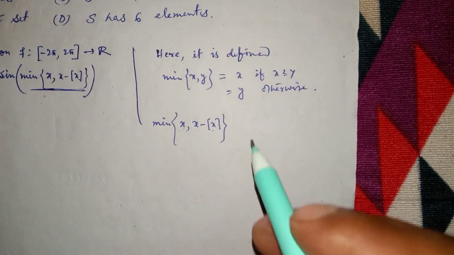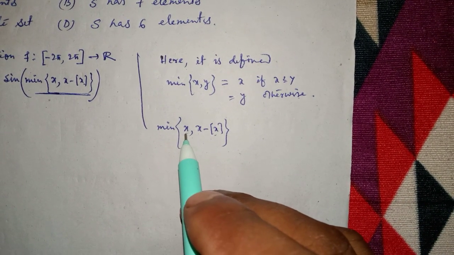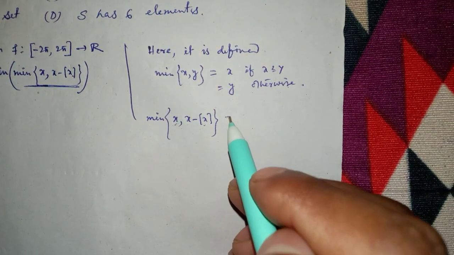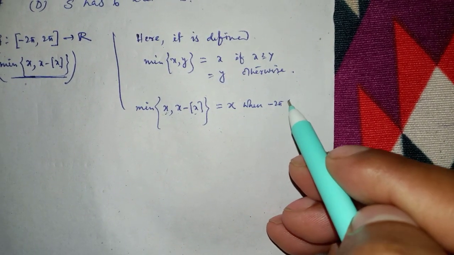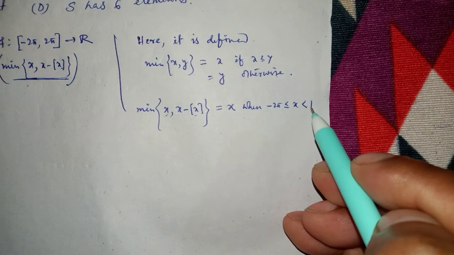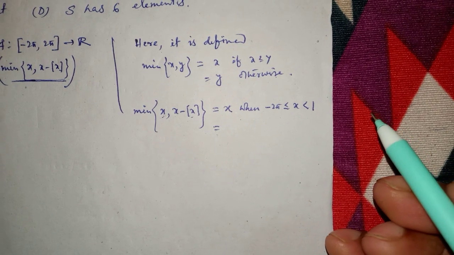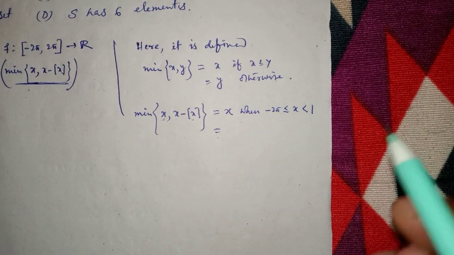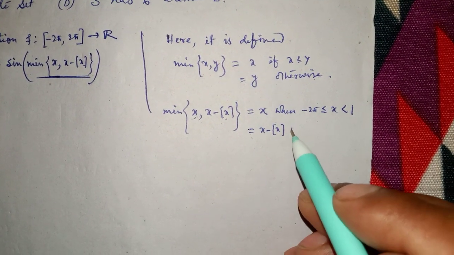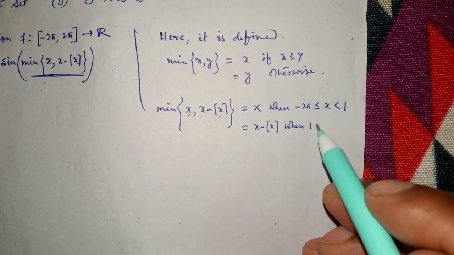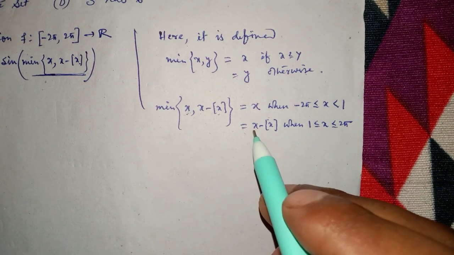Therefore from minus 2 pi to 1, minimum of x comma x minus box x is equal to x, when minus 2 pi less or equal to x less than 1, and when x is bigger than 1, from 1 to 2 pi, then x minus box x.